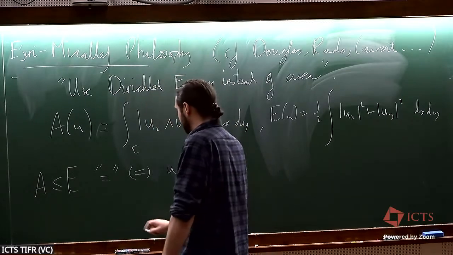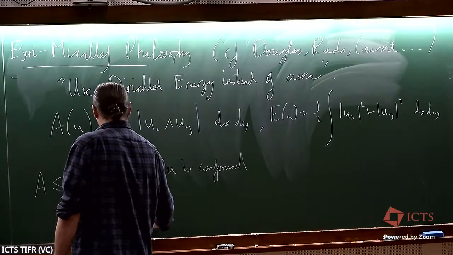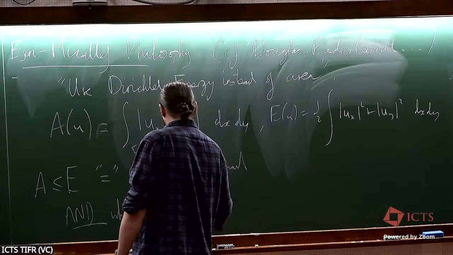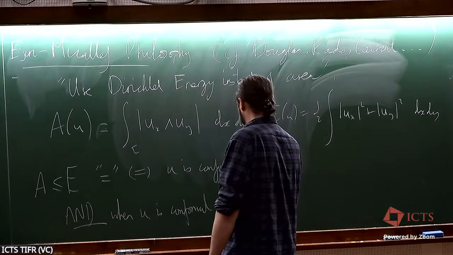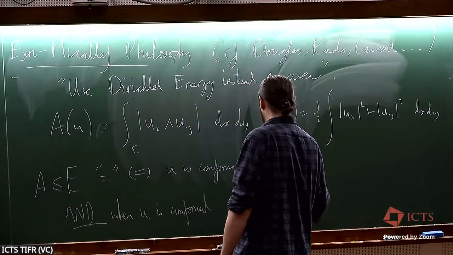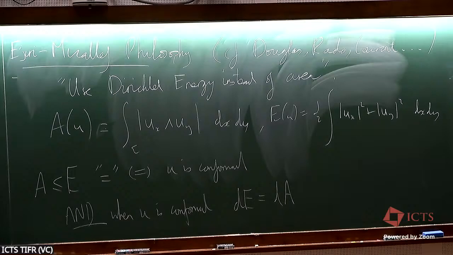And when U is conformal, we also have that the first variation of the Dirichlet energy equals the first variation of the area.